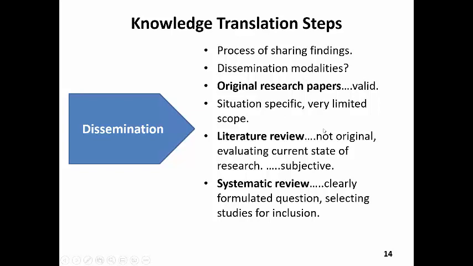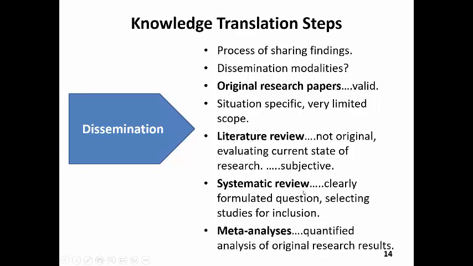And the systematic review is designed in such a way that it can be replicated. And so the systematic review will outline a very detailed and specific set of steps on determining which of those original research papers are included in that review.